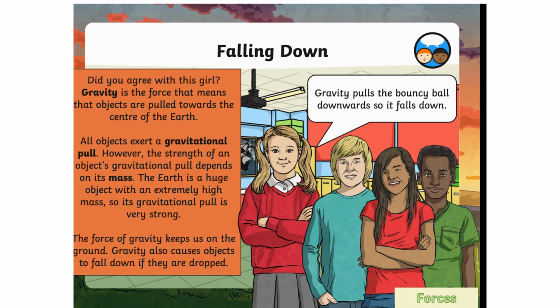The Earth is a huge object with an extremely high mass. So, its gravitational pull is very strong. The force of gravity keeps us on the ground. Gravity also causes objects to fall down if they are dropped.